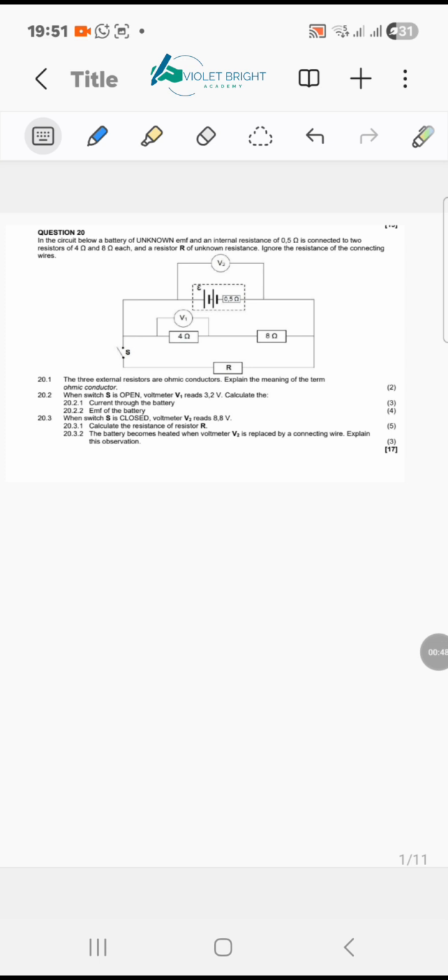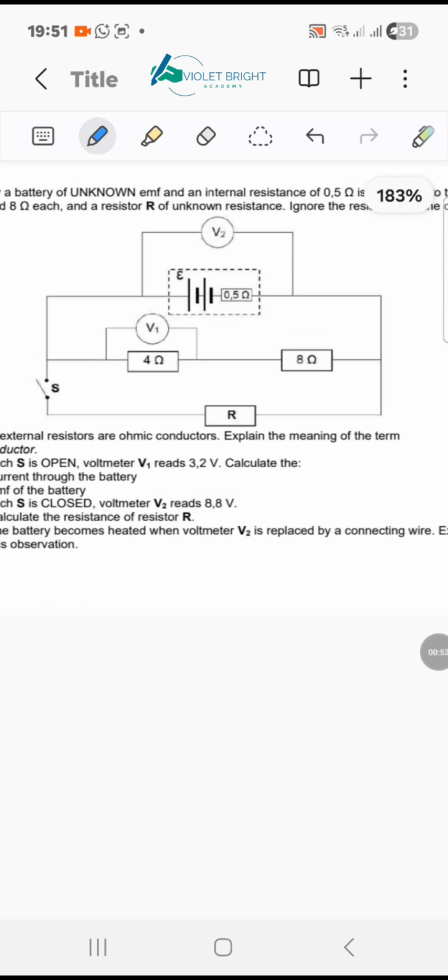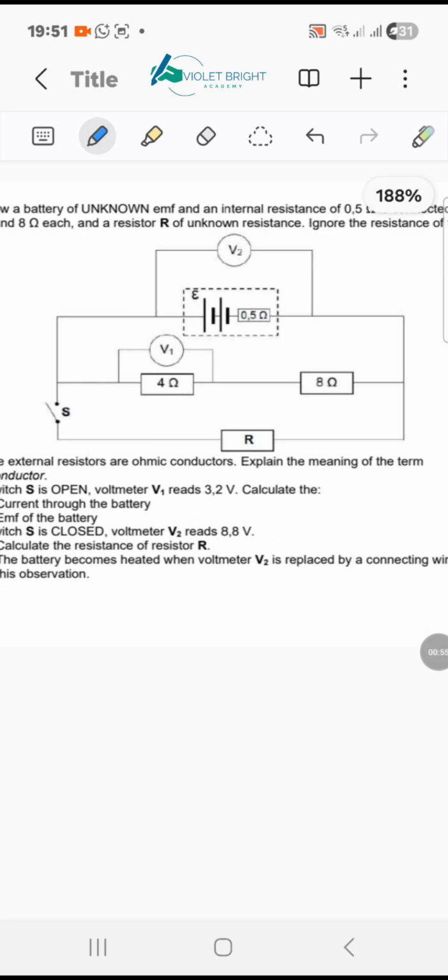Before the first question, let's analyze what is happening in the circuit. We have this battery here, and we don't know the EMF of the battery. We know V2, which is the voltmeter.